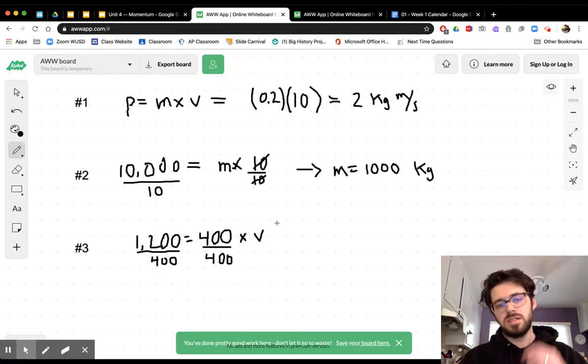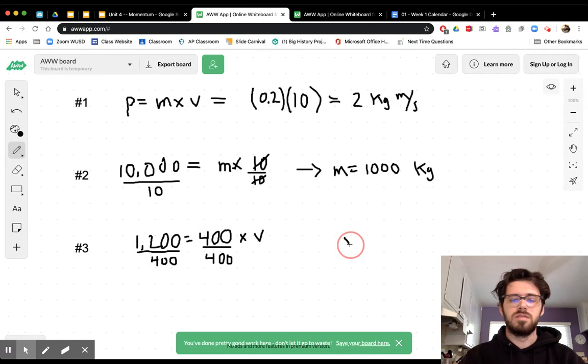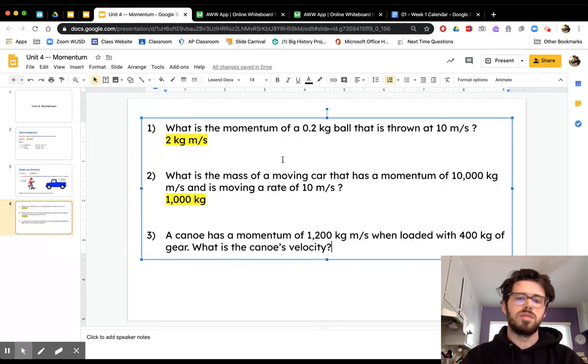Hopefully you're saying to yourself that it goes into it 3 times, and so our velocity is going to equal 3 meters per second. So we'll plug that in. Oops. And we'll highlight that.